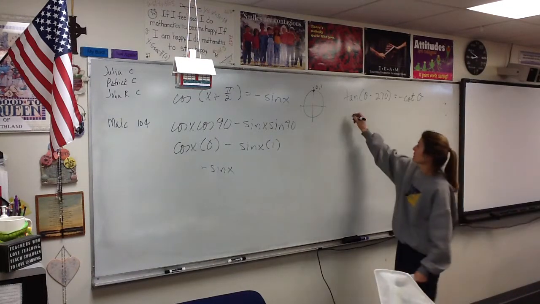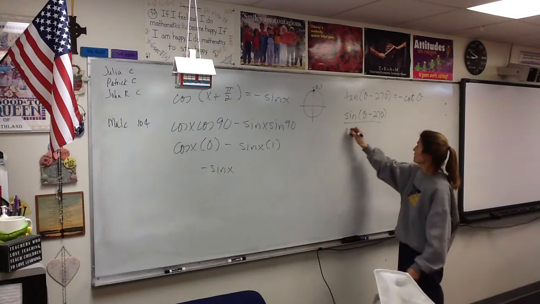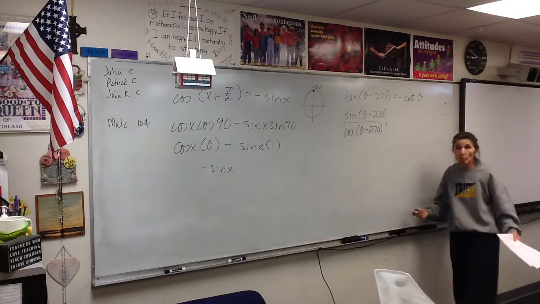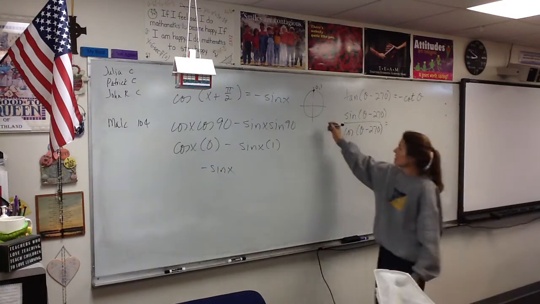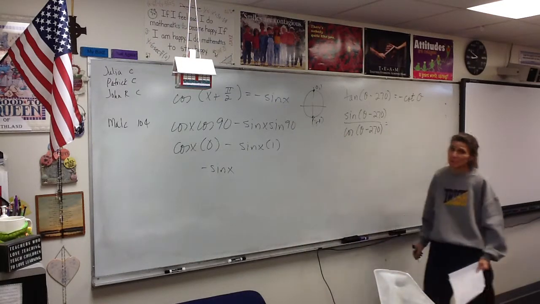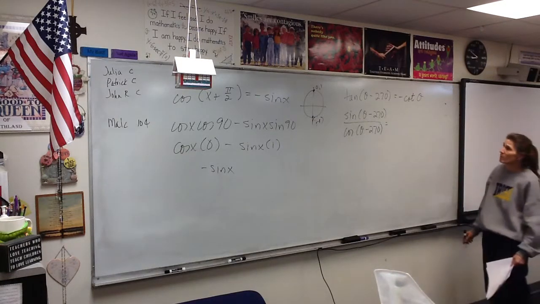So we're going to have to split this one up into the sine over the cosine. Now, I know that looks like a lot of work, it looks like a lot more writing, but these are easy formulas. You got these down. Plus, 270 is right here. So when I start plugging numbers in, I'm going to have some pretty easy numbers to plug in. Zeros and negative ones. It's going to be pretty easy.